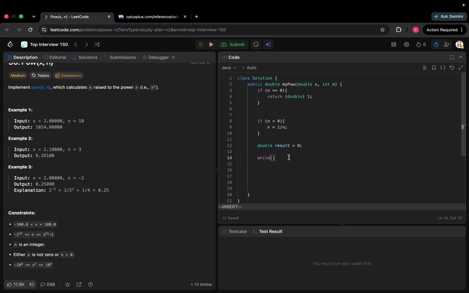We need to transfer the int into a long. While n is not equal to 0, then x equals x times x, and n is divided by 2.